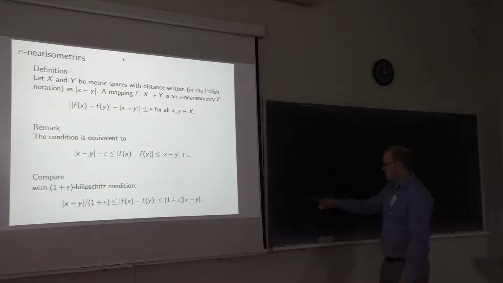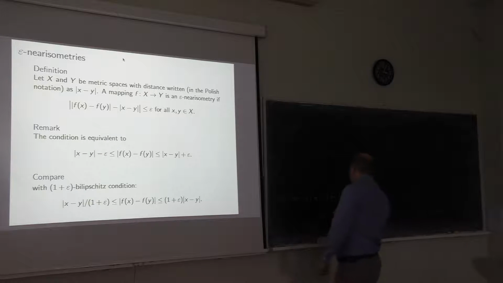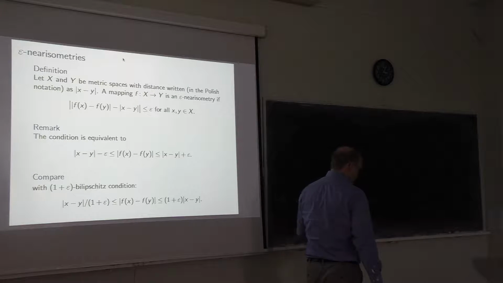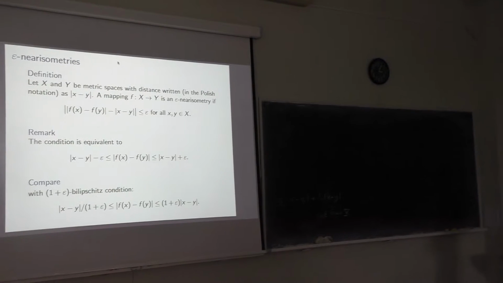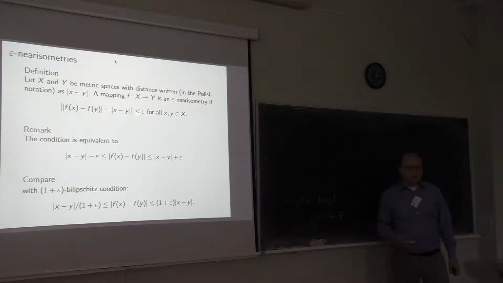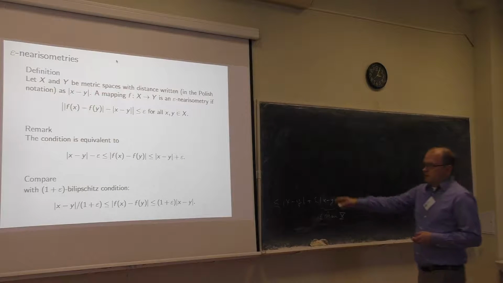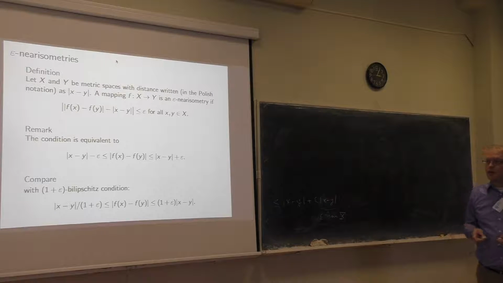If I continue from there, and we have a bounded set, then you get the near isometric condition for a 1 plus epsilon bi-Lipschitz map with a constant epsilon times the diameter, and the same way in the other direction. Additive error term is much easier to handle than this multiplicative bi-Lipschitz constant, so this near isometry will be a very useful tool later on.